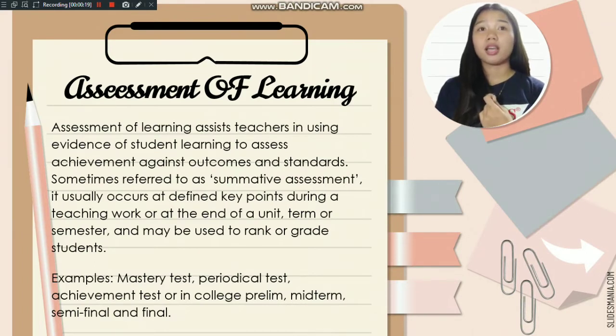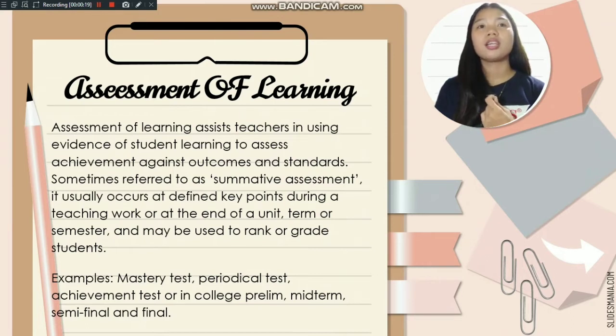Let's first discuss the assessment of learning, or AOL. Assessment of learning is also known as the assessment ng natutunan or assessment ng pagkatuto. It is a summative type of assessment used by the teacher to determine what the students have learned in a unit or chapter.